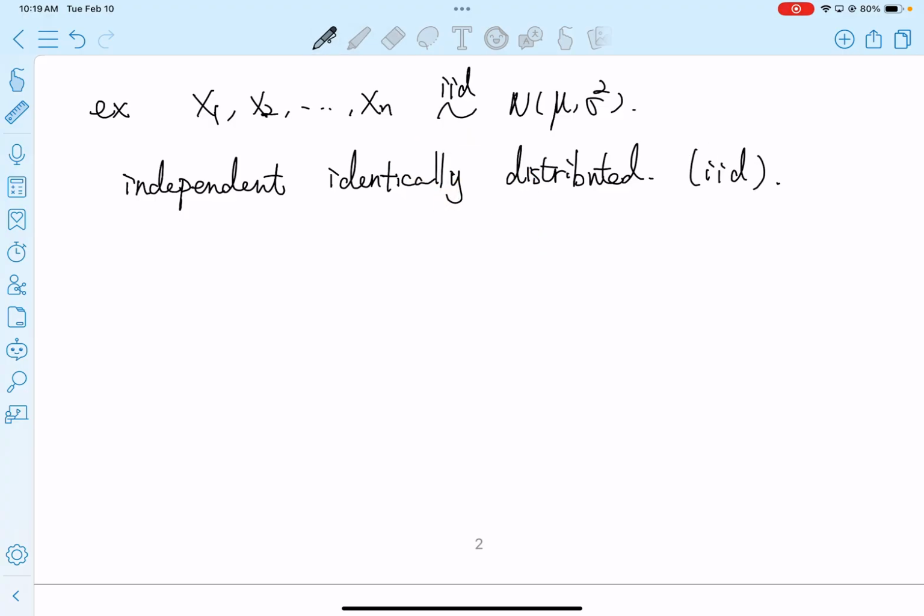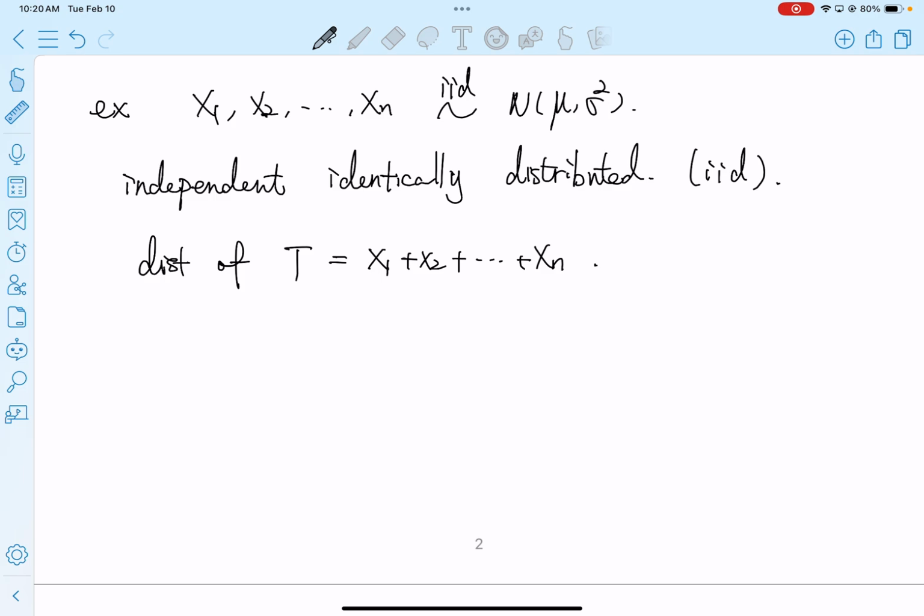Okay. So now the question here is, what is the distribution of their sum? Let's denote T as the sum of x1 plus x2 all the way to xn. We know that your individual patient or measurement follows a normal behavior that is centered around the mean, and has a lower probability when it's too far away from the mean.